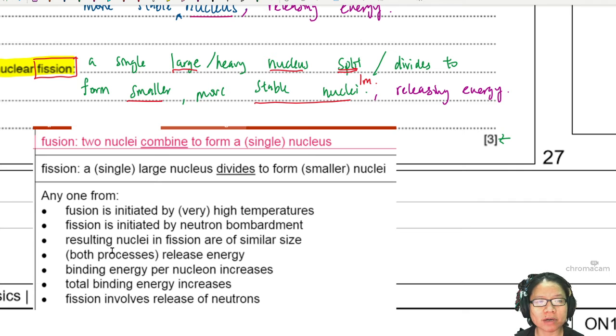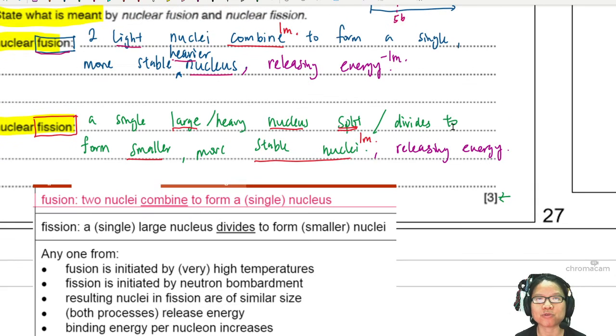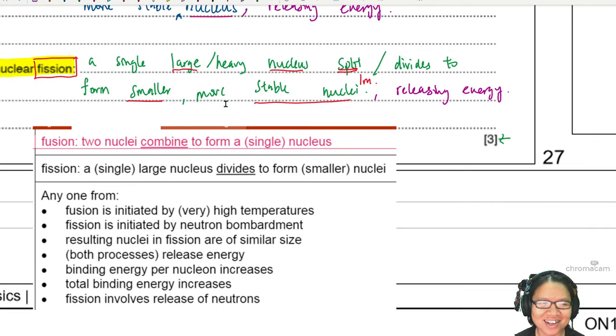The resulting nuclei in fission are of similar sizes. For example, barium and krypton are about the same size. Both processes release energy, which is what I wrote because it's the least words to write. Binding energy per nucleon will increase because the product is more stable. Total binding energy increases because the product is more stable.